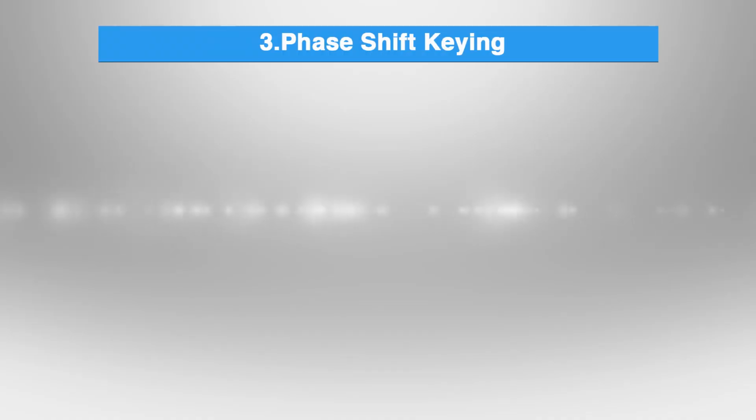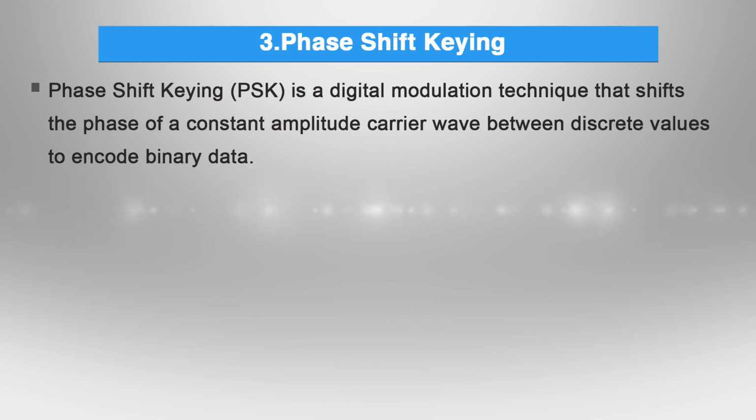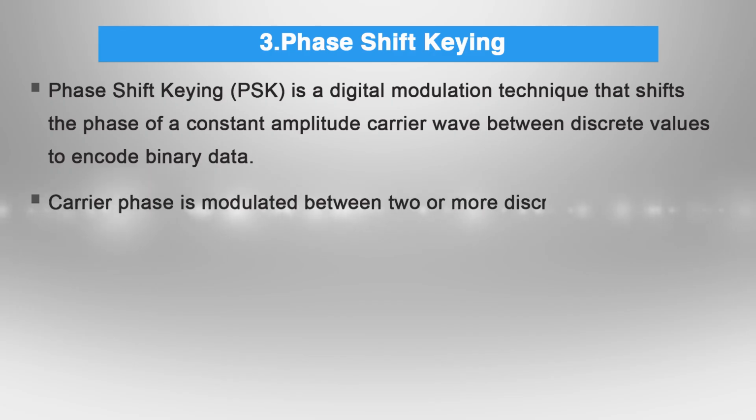Third is phase shift keying. Phase shift keying (PSK) is a digital modulation technique that shifts the phase of a constant amplitude carrier wave between discrete values to encode binary data. Carrier phase is modulated between two or more discrete phases.